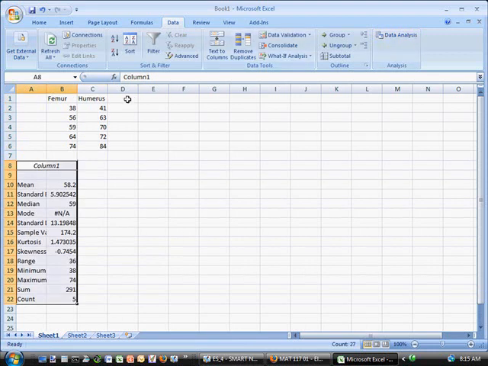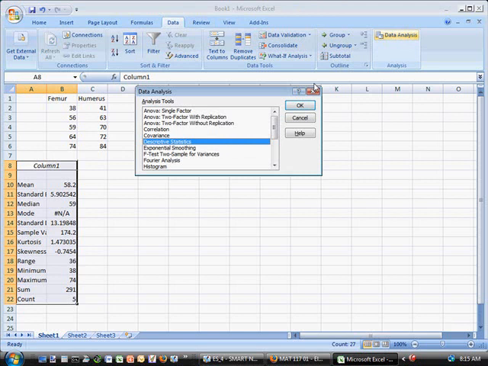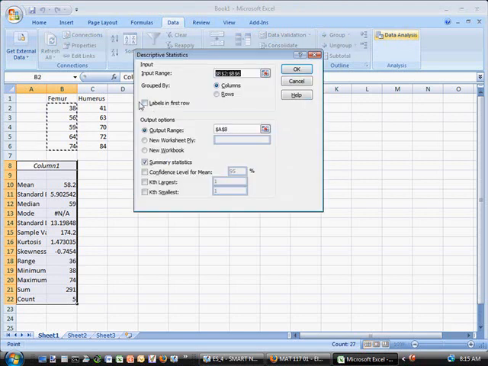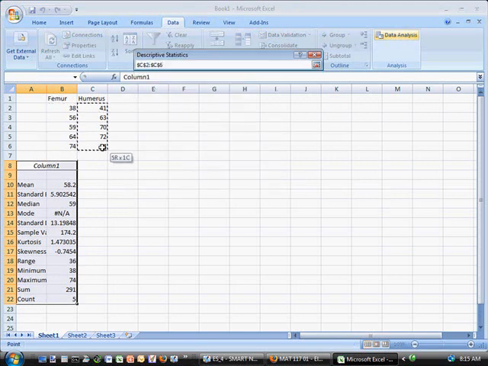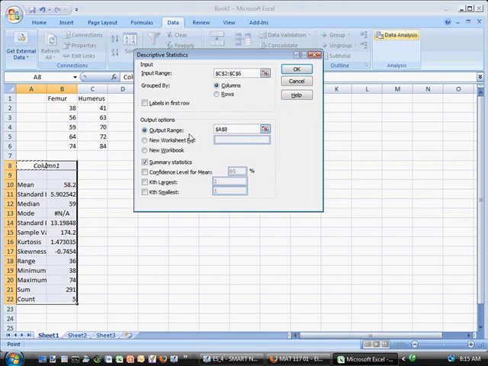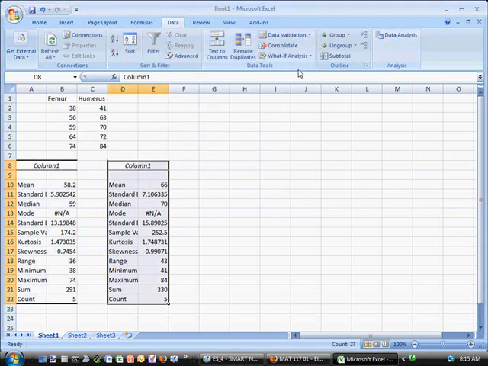All right, and then I want to do the same for the humerus. So, data analysis, descriptive. This time I want to do these guys. And this time we're going to put our results, well, let's start it over here. Okay.